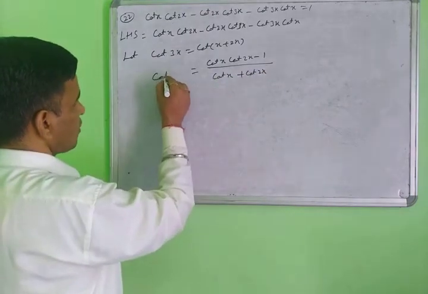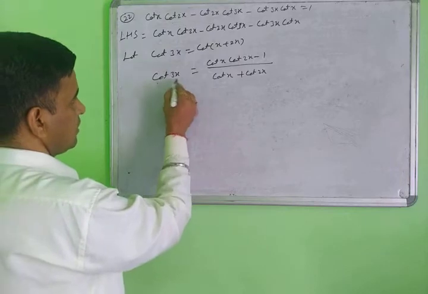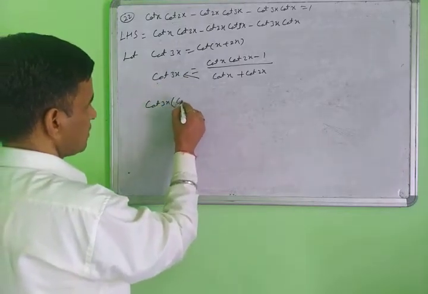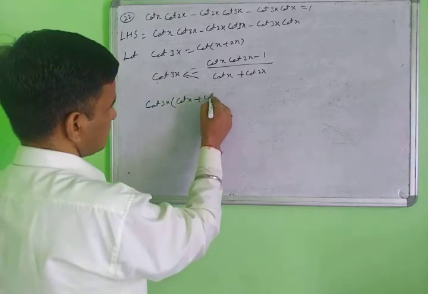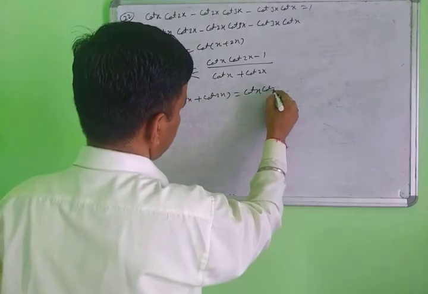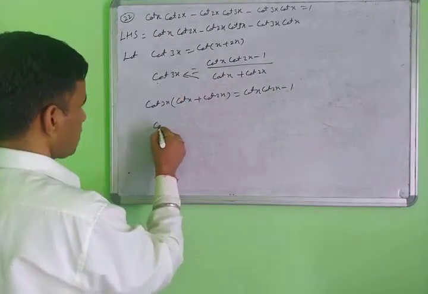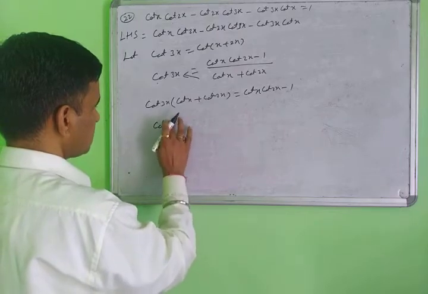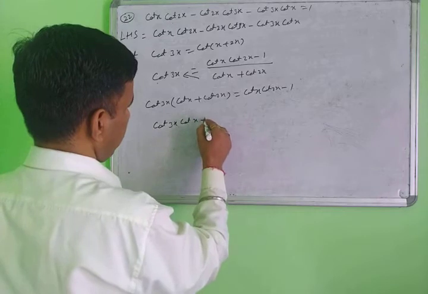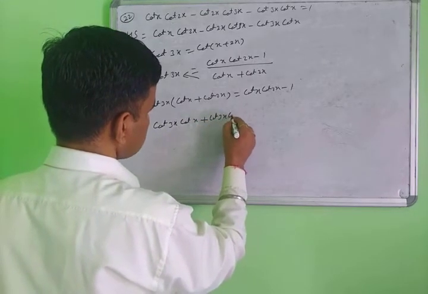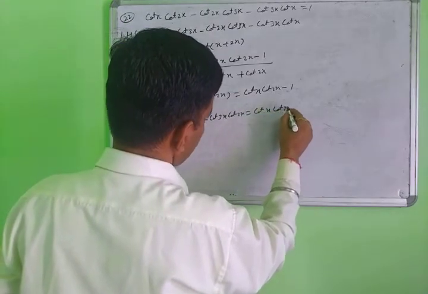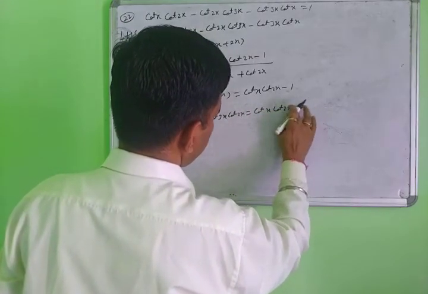Here using your cot 3x, you cross multiply. What will it be? Cot 3x times (cot x plus cot 2x) equals cot x cot 2x minus 1. So cot 3x cot x plus cot 3x cot 2x equals cot x cot 2x minus 1.